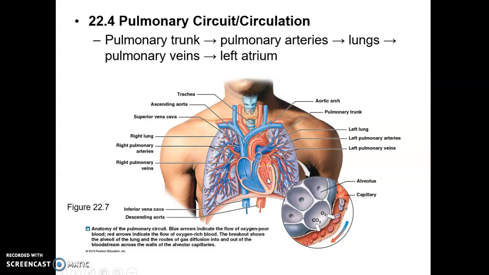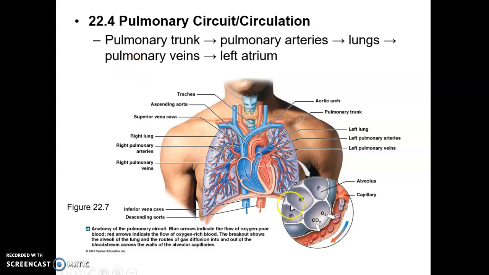And when that contracts, right past the mitral valve, bicuspid valve, left AV valve, when the ventricles contract, that oxygen-rich blood then leaves the left ventricle, pushing past the aortic semilunar valve, entering into the aorta, and then the systemic circuit is carrying oxygenated blood to the body.